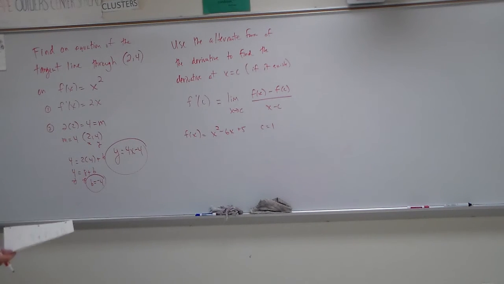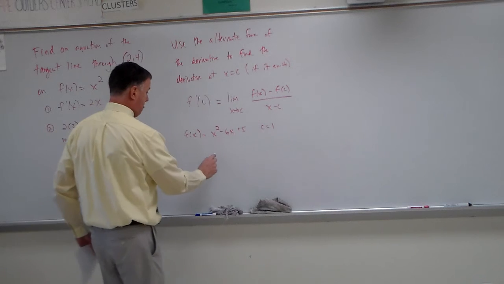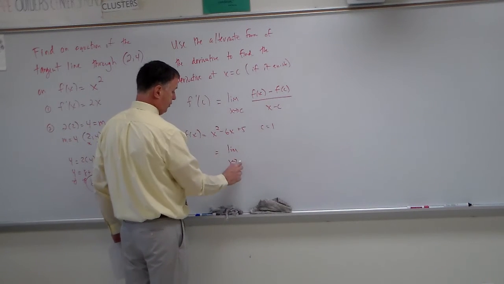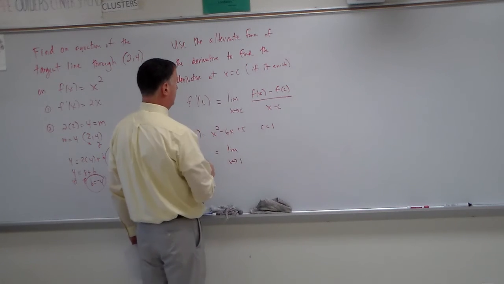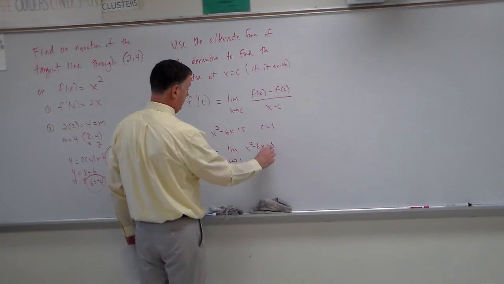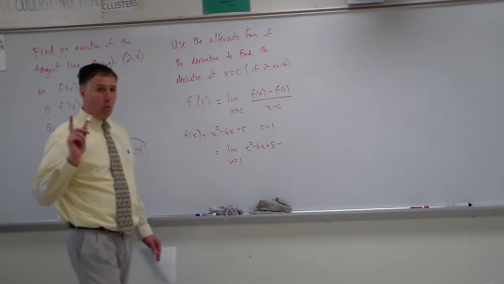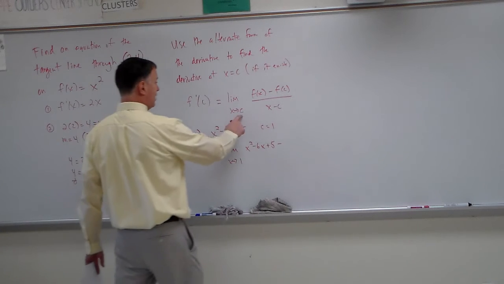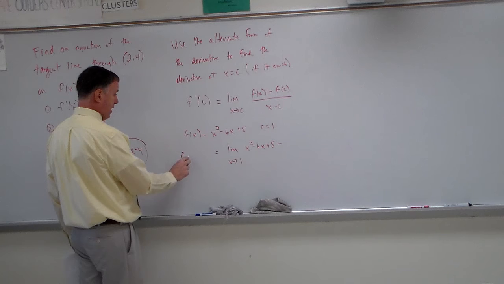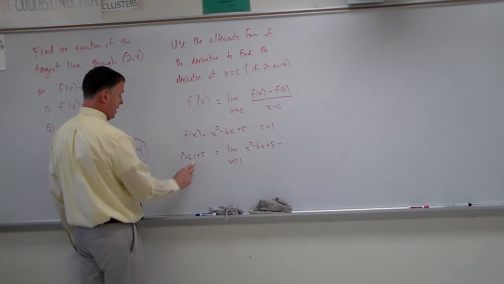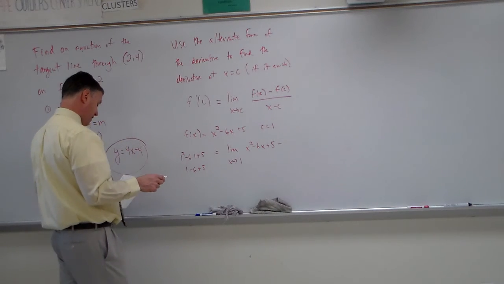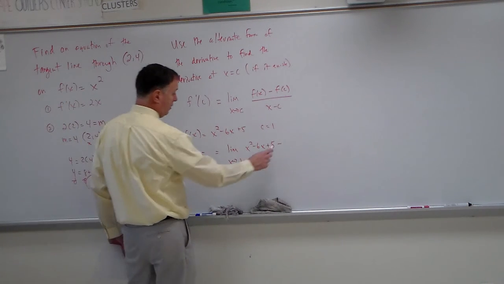So, let's plug into the formula. The limit as x approaches 1. F of x, well, what's f of x? X squared minus 6x plus 5, minus f of 1. My c is 1, so I have to plug 1 in here. When I plug 1 in, I get 1 squared minus 6 times 1 plus 5. 1 minus 6 is negative 5, plus 5 is 0.